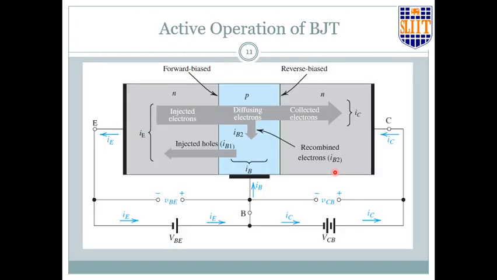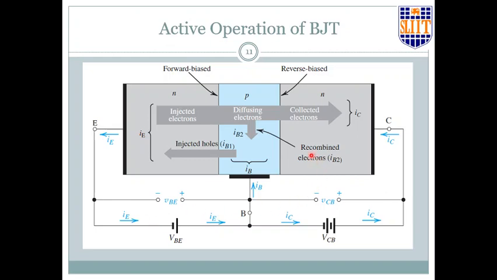Now for active operation we said that we want a forward bias in the base-emitter PN junction and reverse bias in the base-collector PN junction. To create a forward bias, this is a PNP transistor, so the base side has a P, so we want the positive side connected there, and the emitter has an N layer, so the negative side should be connected there.